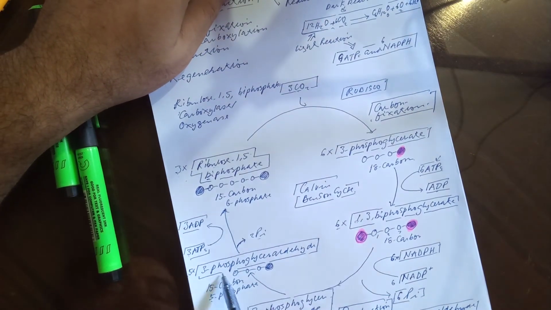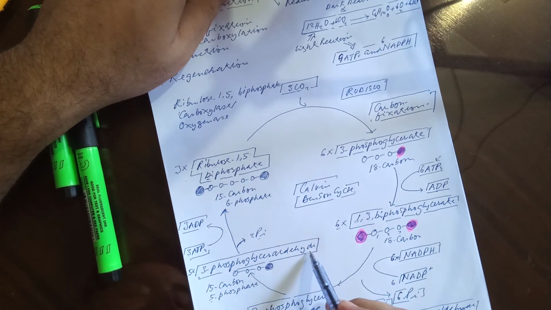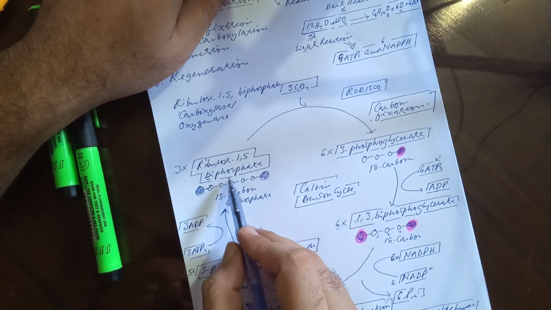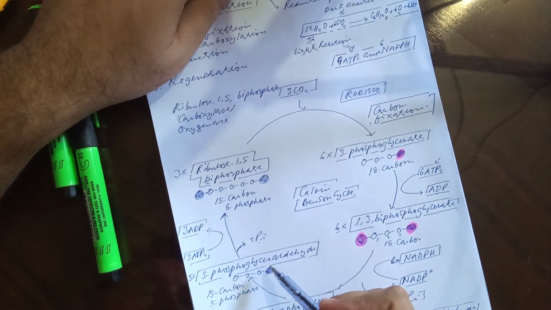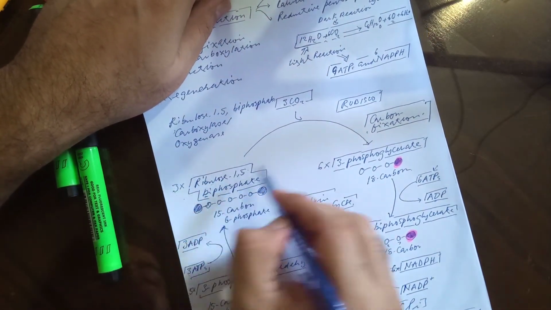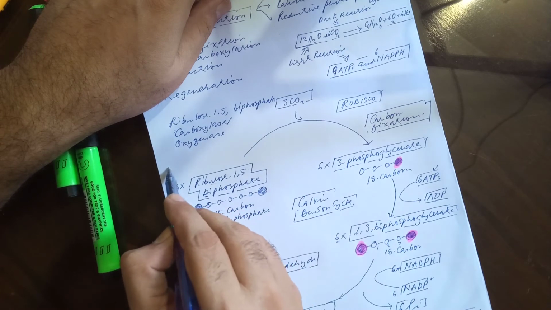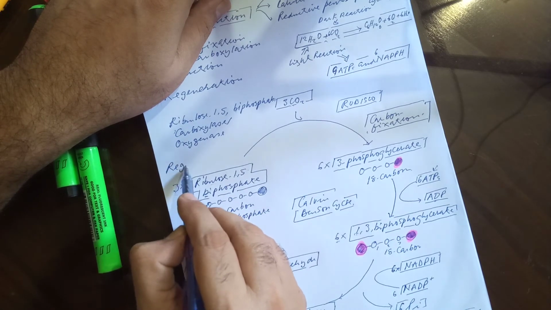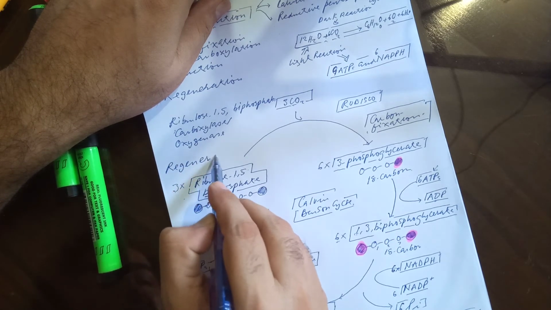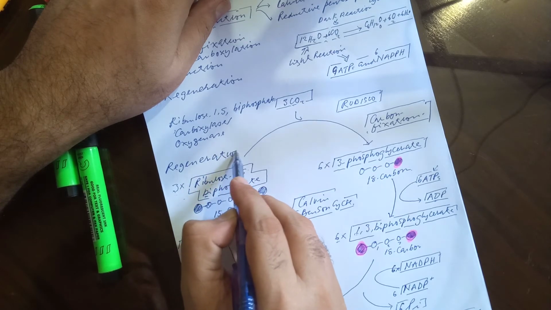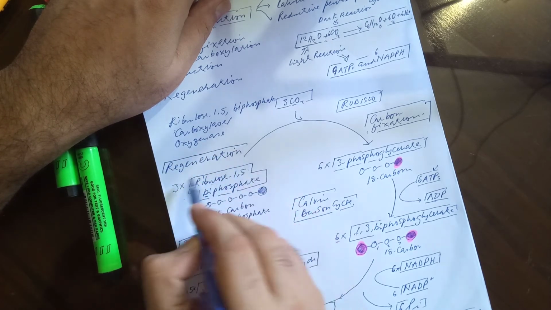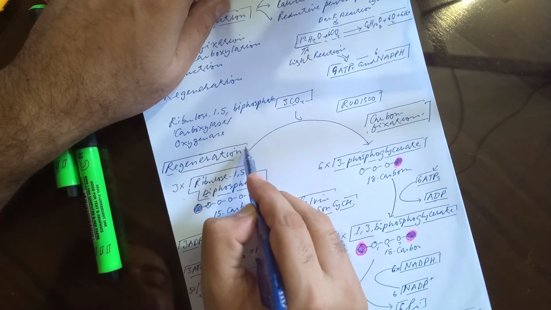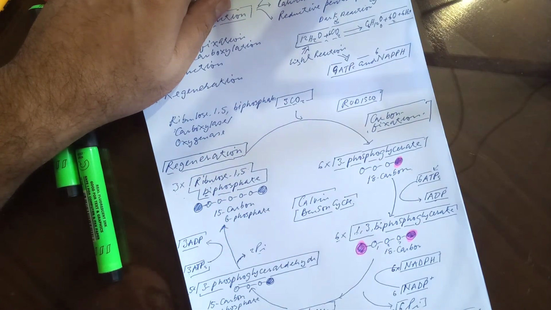And what about this reaction? 3-phosphoglyceraldehyde changing into ribulose 1,5-biphosphate. It was regenerating ribulose 1,5-biphosphate. So the reaction is called regeneration. This will be a little big name. Regeneration. Now, what's regeneration? It is the formation of something back again. So this is the regeneration phase.